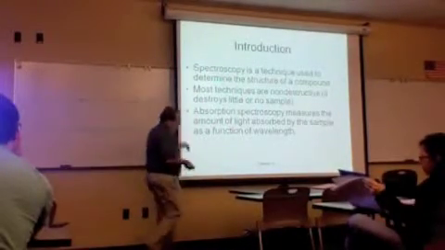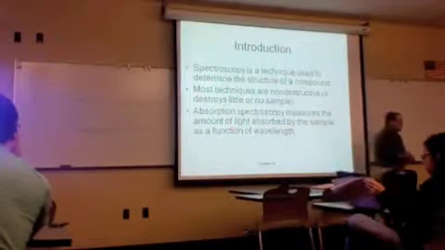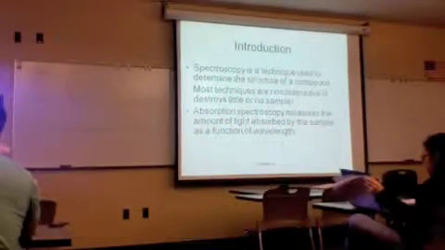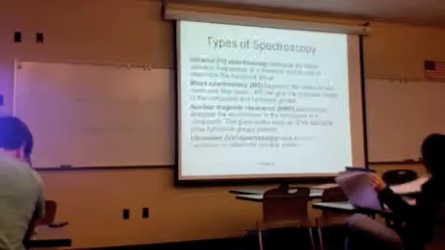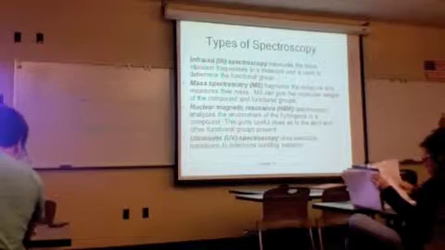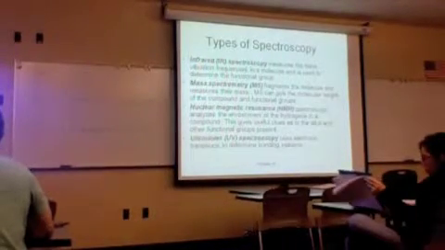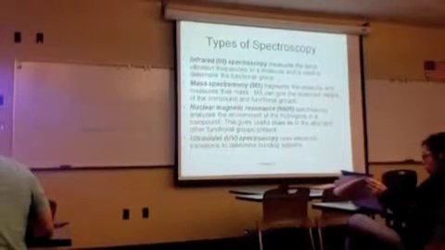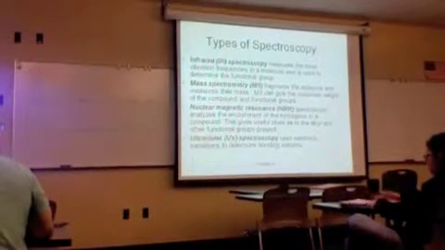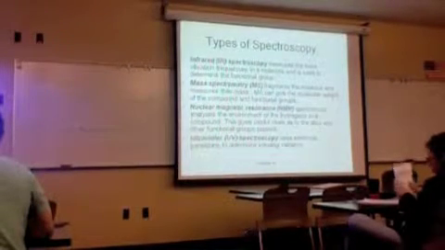Absorption spectroscopy measures the amount of light absorbed as it passes through a sample of your compound. The kinds that we'll encounter in the organic chemistry lab are listed here. Infrared is very important. It's listed right at the top. We measure the amount of infrared radiation that's absorbed as we scan the range of infrared based on bond energies.